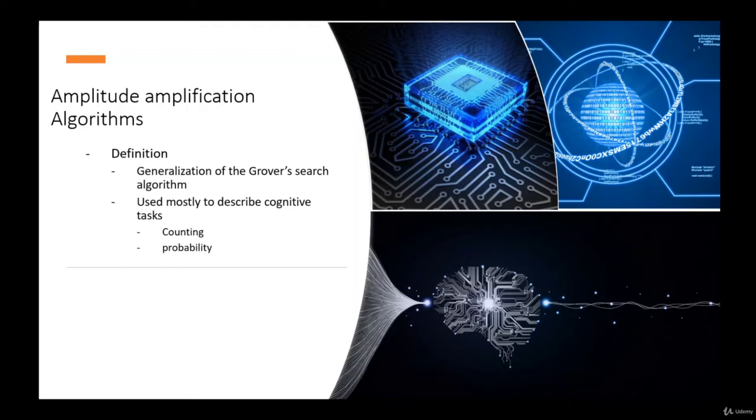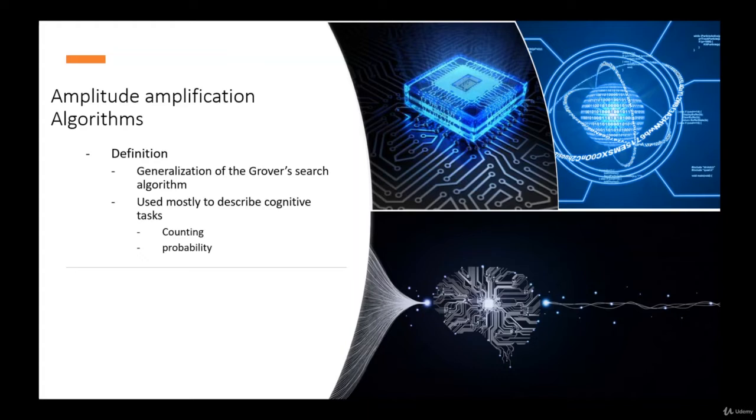What I can say here is that it not only leads to an exponential speed increase, it's going to lead to a quadratic speed increase. And finally, this type of algorithm is also used to describe availability bias or cognitive heuristics.